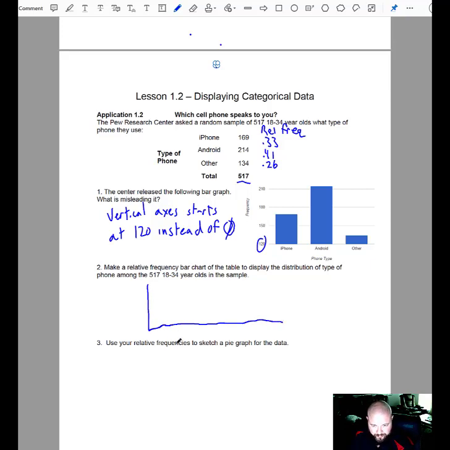So again, down the x-axis, we'll say we got iPhone, we got our Android, and then we got the other.